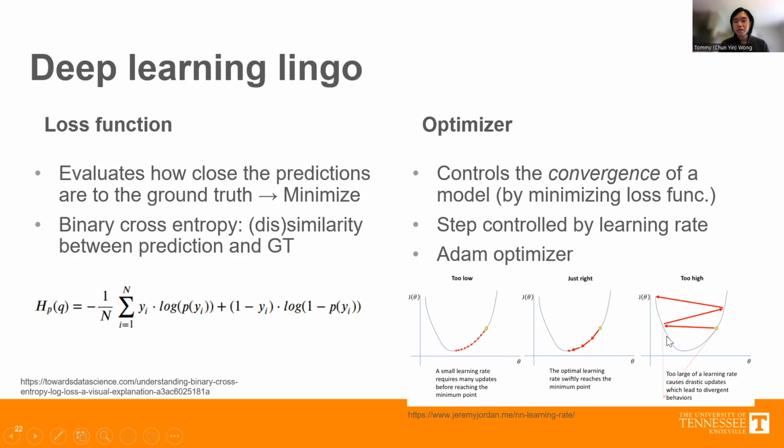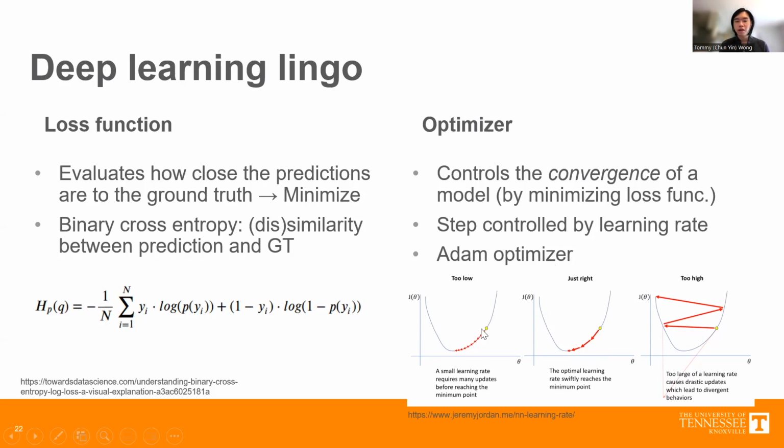So this graphic just illustrates what it's like by controlling the learning rate. If your learning rate is just right, and this is the loss function basically, then after a reasonable amount of training epochs, it will tend to the minimum, and that optimizes your network by minimizing the loss function.